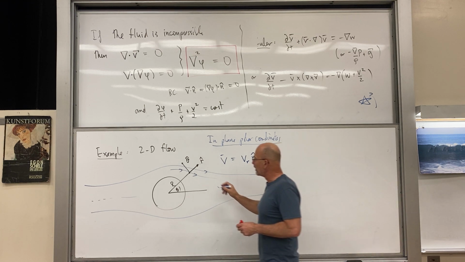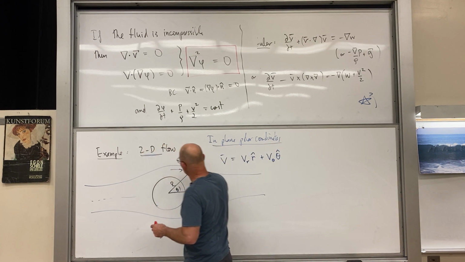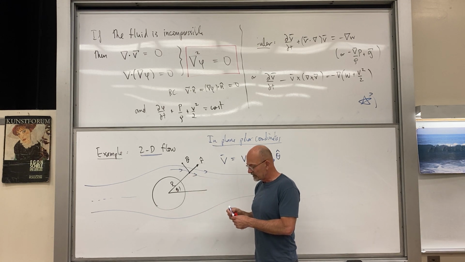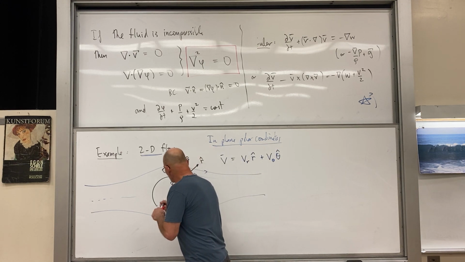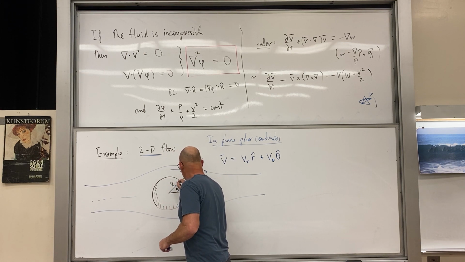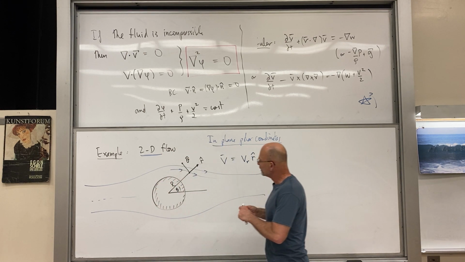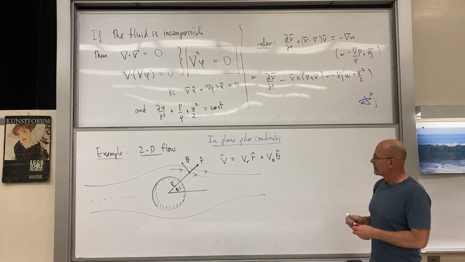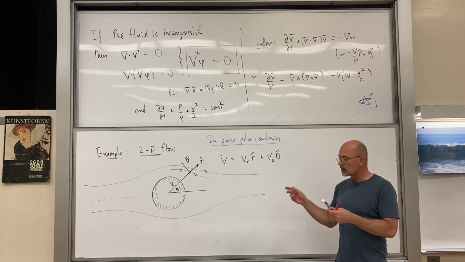If you have to solve a problem with this symmetry, with this fixed boundary here, I could shade a little here. This is fixed. In 2D flow, you're going to have to use plane polar coordinates.